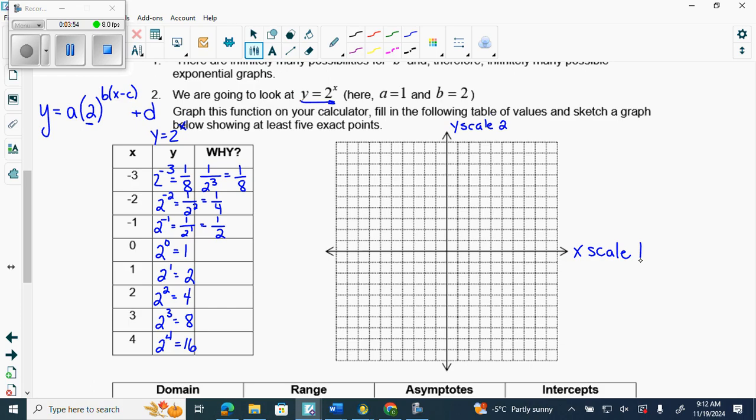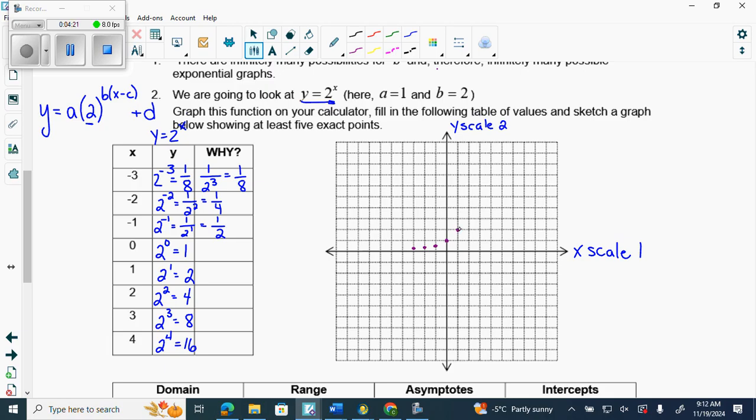And often our x scale can say 1, but with exponential growth or decay functions, your y scale is going to have to get larger because it's going to grow quickly, right? Or you're going to have very few points on your graph. So we have negative 3 and 1/8. So very close to the x-axis. Negative 2, 1/4. Negative 1, 1/2. 0 and 1. 1 and 2.